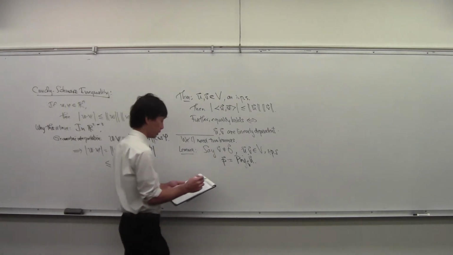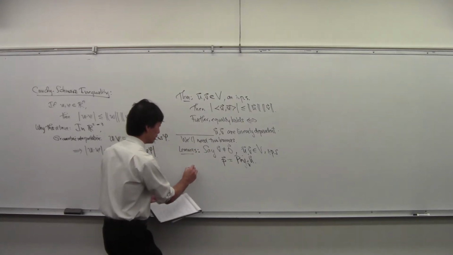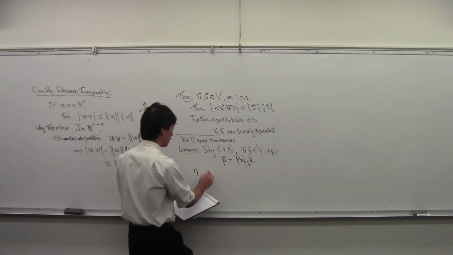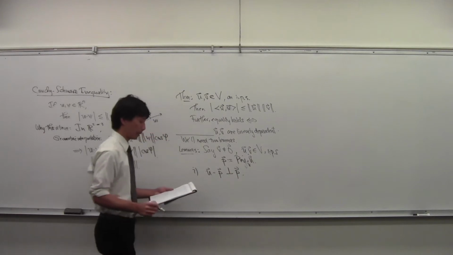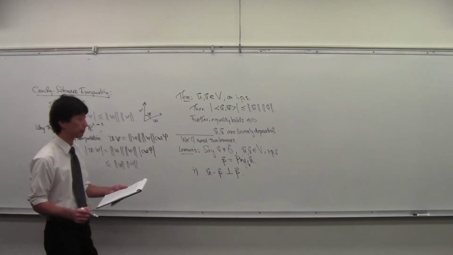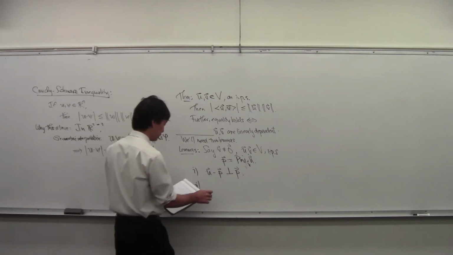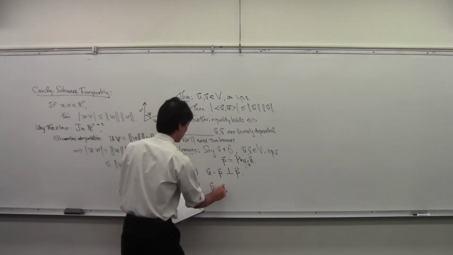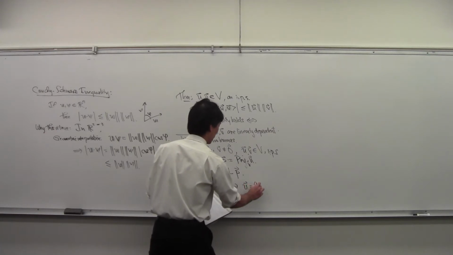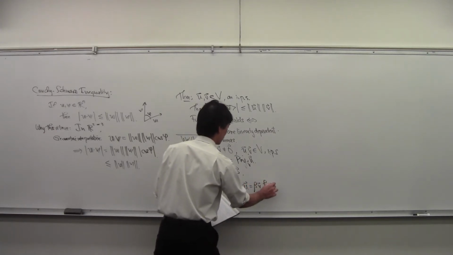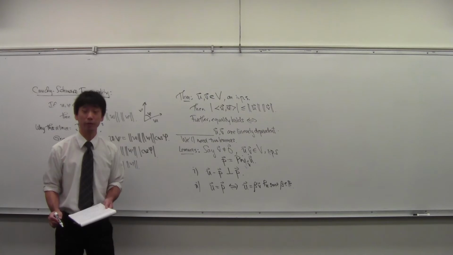Okay. Let me just write both of them down here. Lemma number one says that u minus p is perpendicular to p. Lemma number two says u equals p if and only if u is beta v for some beta in R. In other words, u is some multiple of v.